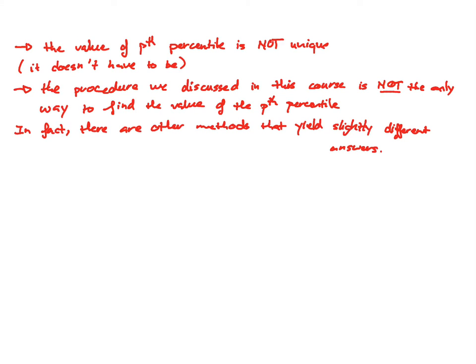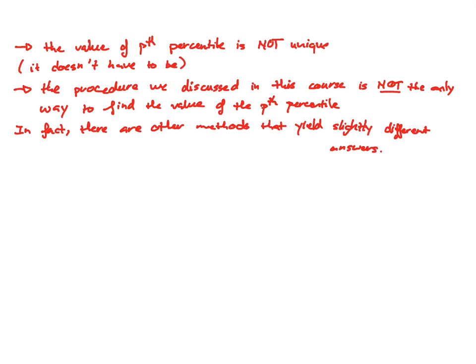So in this video, we have gone through a particular example where we've found the 25th percentile, the 50th percentile, and the 75th percentile. We looked at the 50th percentile, and we have determined that it is nothing other than the median.